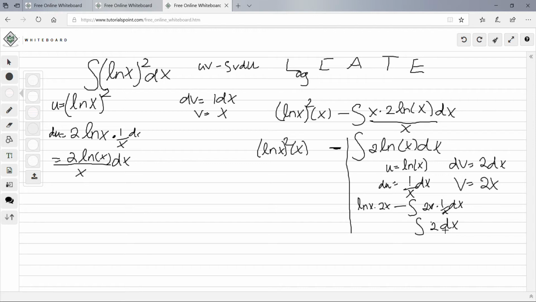And the integration of 2 dx is just 2x. And then don't forget the negative, so that's negative 2x. And then bring this down. I'm going to put the 2x in front. 2x of ln of x plus c. And then don't forget you have to distribute this negative. So I'm going to put brackets right here.